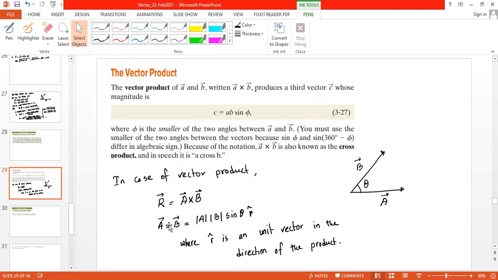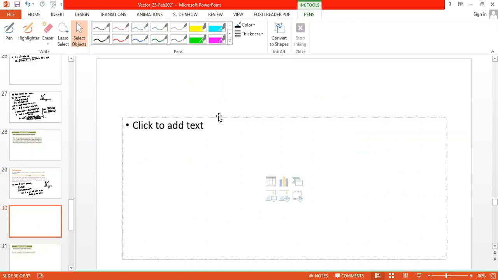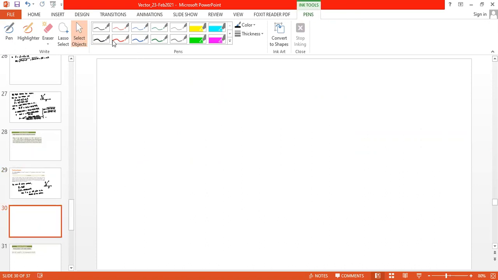And now, how to find the cross multiplication of two vectors? Let's say I have two vectors.